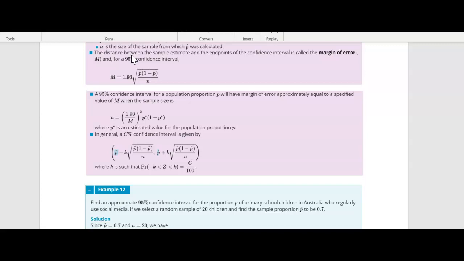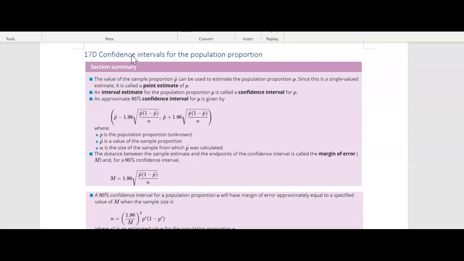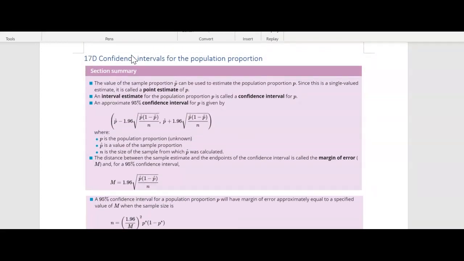Now, k just represents how many standard deviations you have, because remember this formula here is a formula for the standard deviation. So if I scroll back up to this one here, if we're looking at 95%, remember in 16B we said it was 2 standard deviations above and below. Well, there's your 2 standard deviations. Now obviously it's rounded to 2 decimal places, but we know it's always going to be an approximate.